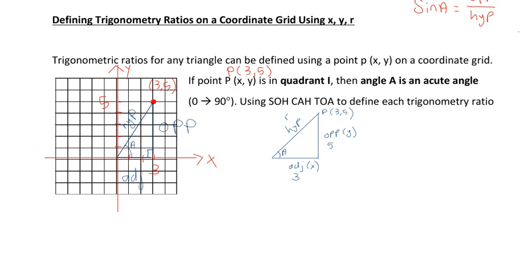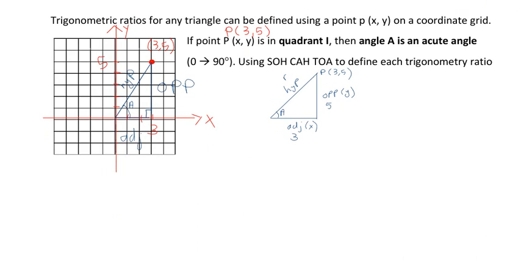Now, if I want to find r, I can do r squared equals x squared plus y squared, which is the Pythagorean theorem. A squared plus b squared equals c squared. In this case, I'm using r squared equals x squared plus y squared. Any questions about this?